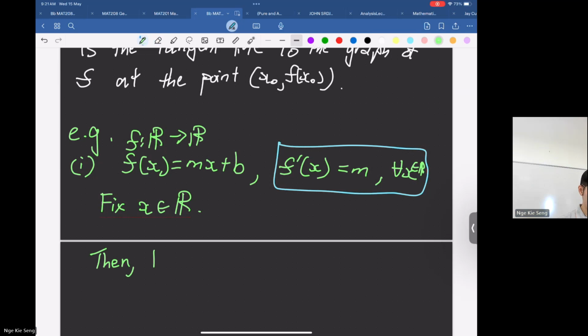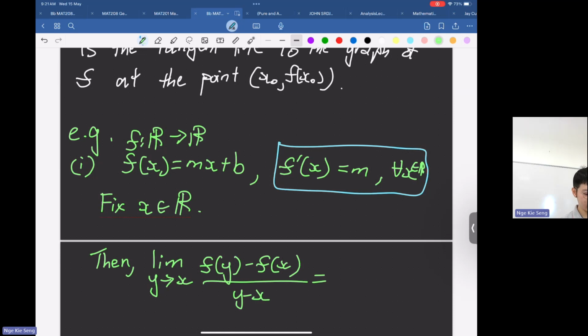Then we can take the limit of y to x of f(y) minus f(x) over y minus x, which equals the limit of y to x of (my plus b) minus (mx plus b), in brackets. The bracket is very important here.